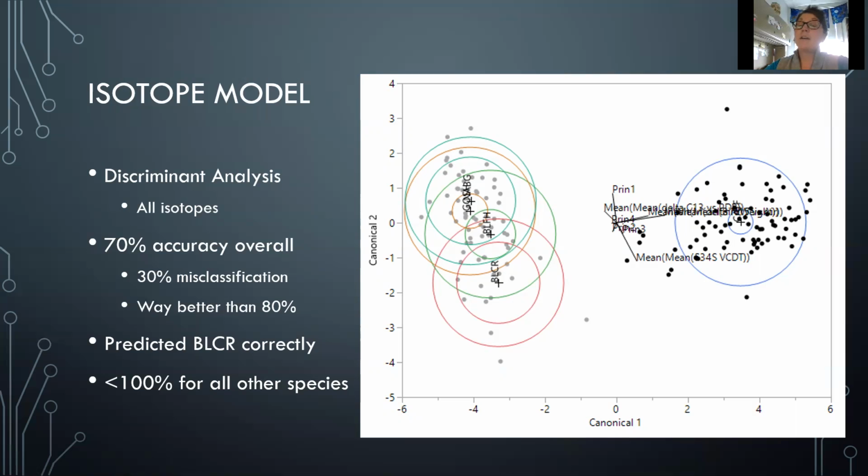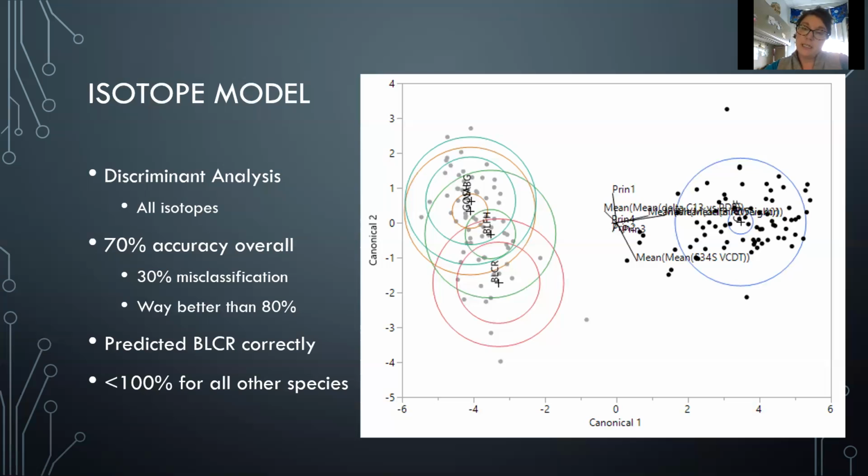So it only had a 30% misclassification rate, and that is way better than the null, which is 80%, right? So we're really outperforming the null model here. It predicted all of the green ear sunfish correctly, but everything else had some things that are a little bit misplaced and misclassified.